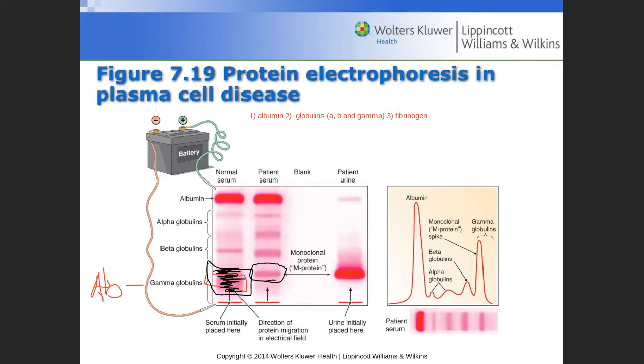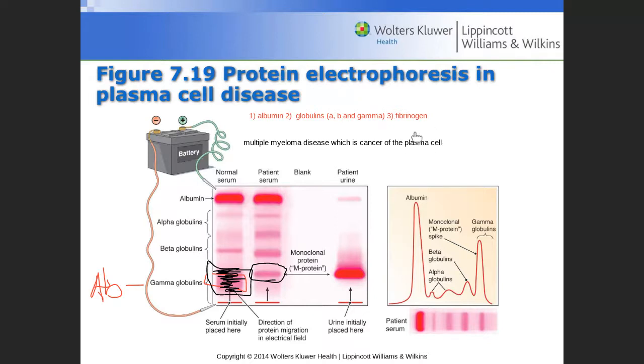Okay. Plasma cell is very similar to B cell. They're also known as differentiated B cells or antibody producing cells. And you can see in this individual, what happened is that there are so many plasma cells, and they're differentiated now. It's considered clonal, right?